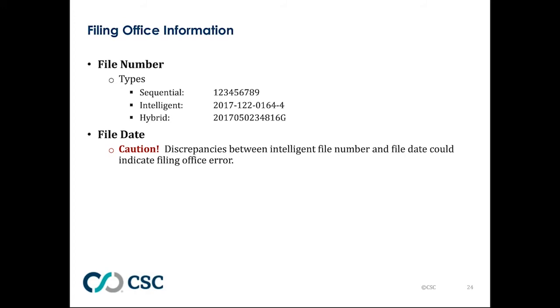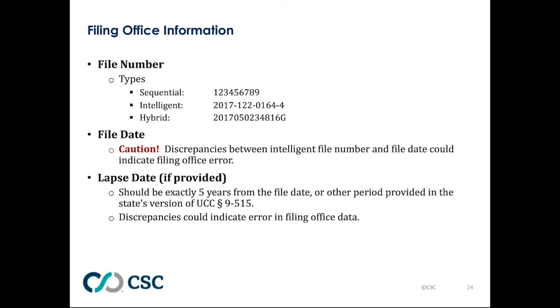If the file date doesn't appear to match the date in an intelligent file number, that could indicate that there's a problem, either a wrongful rejection and refiling, or some other filing office error, or some error with the search. And in order to safely rely on the search results, the searcher needs to be able to explain why that discrepancy exists. It's probably something benign, but you can't be sure until you make that determination.